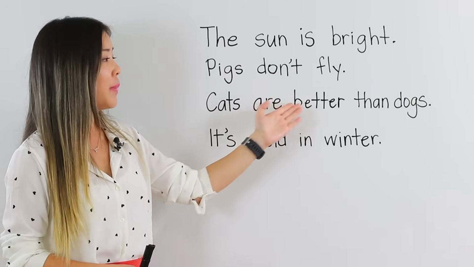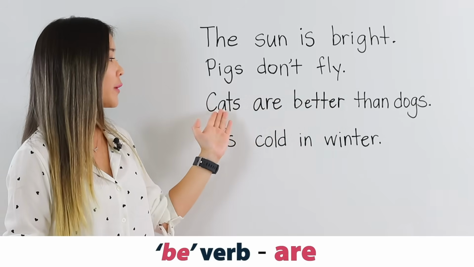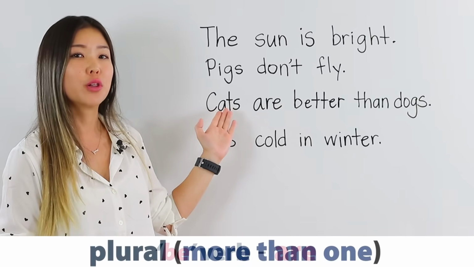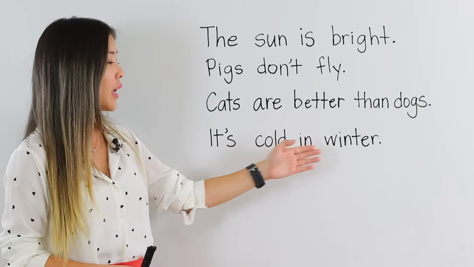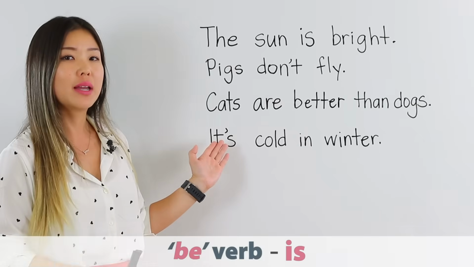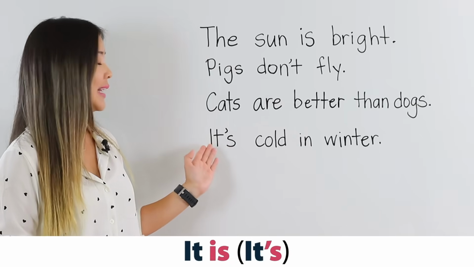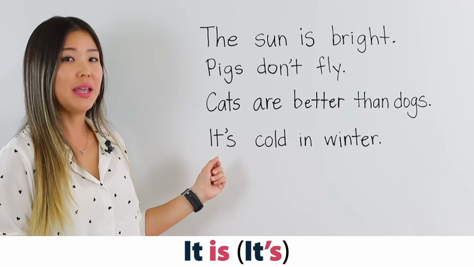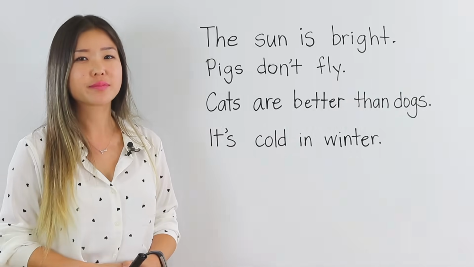Cats are better than dogs. I use the be verb are to talk about cats because cats is plural. And finally, it's cold in winter. Here, I use the be verb is again, but I used a contraction to combine it and is and made it's. Let's move on to the next usage.